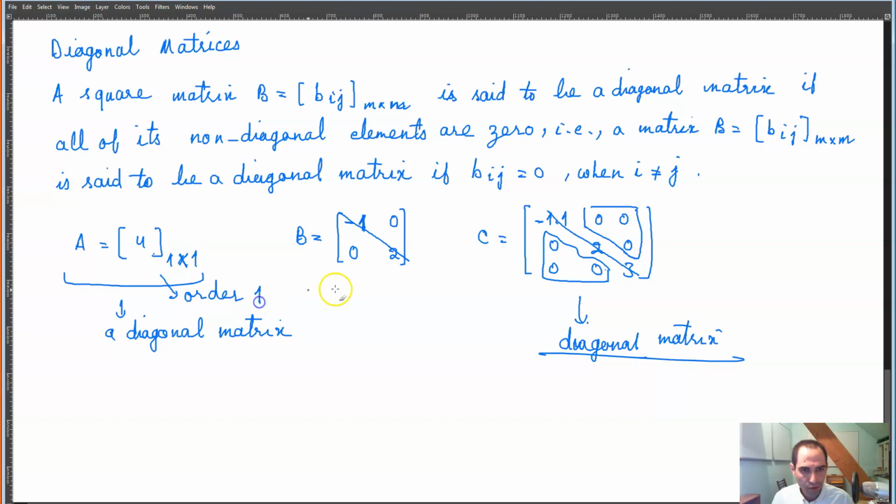The order of this matrix is 1. The order of this matrix is 2. And the order of this matrix is 3. So that was all about the diagonal matrices.